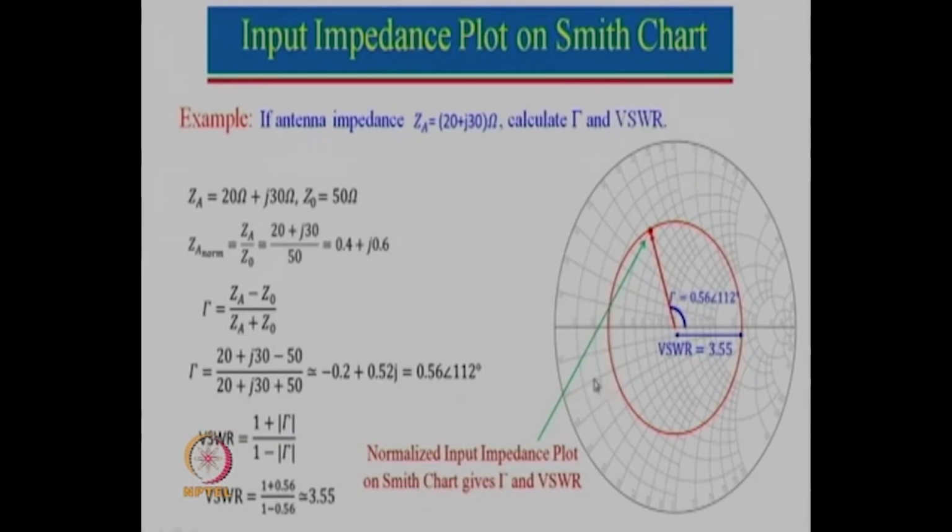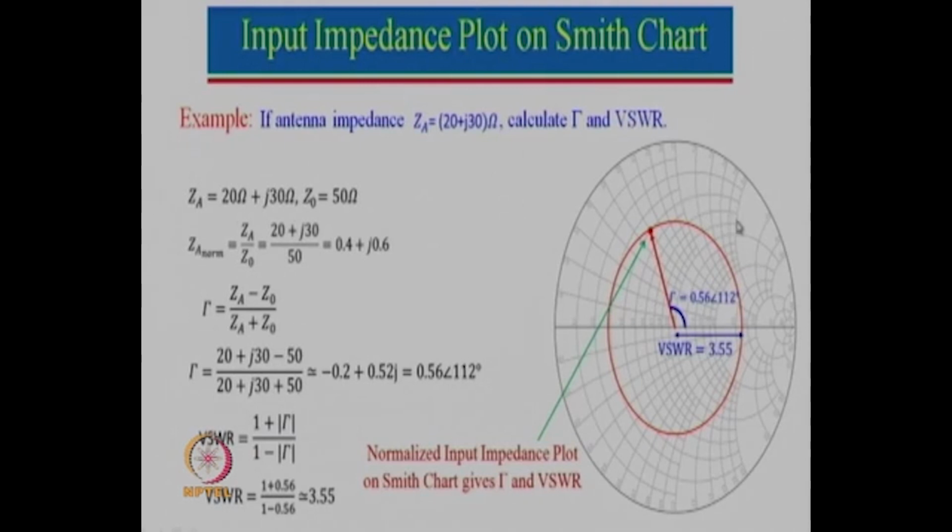What this really means is that, suppose I have chosen this 0.4, along this entire path here it will be 0.4, and on this entire path the real part of the impedance will remain fixed. Then we have all these curves over here. These are truncated circles, and over here also these are truncated circles. The upper part is the positive imaginary part and the lower part is the negative imaginary part.